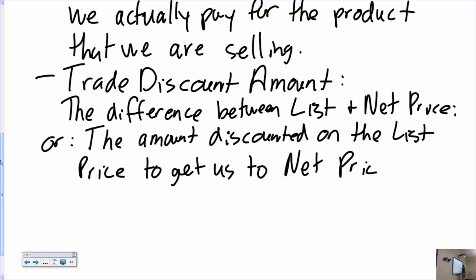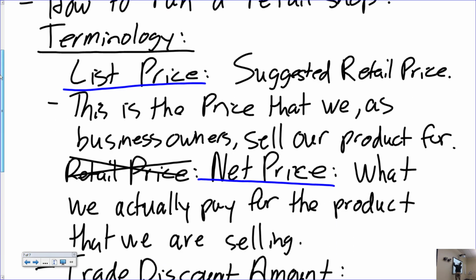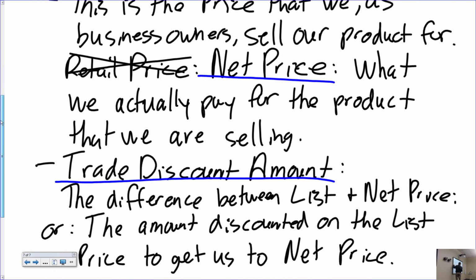It's the same thing. It's just saying it in more of a business speak terminology. Because since this is a discount, what it really is, is the number that you subtract from the list to get the net. All right? So the really, really, really scary math equation that we have for our three terms here, right? So we've got three terms: list price, net price, and trade discount amount.